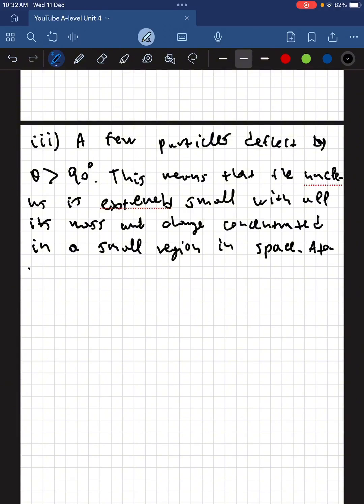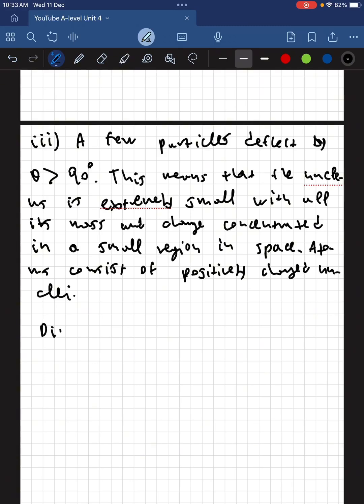So atoms consist of positively charged nuclei. Okay, so this is not in your book as far as I know.